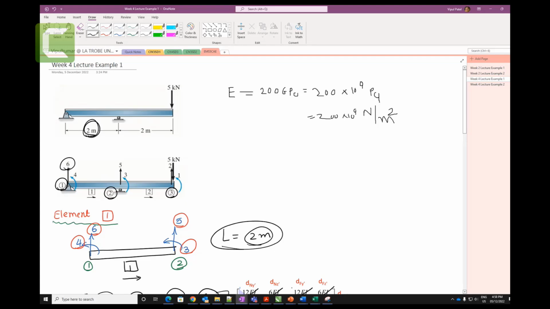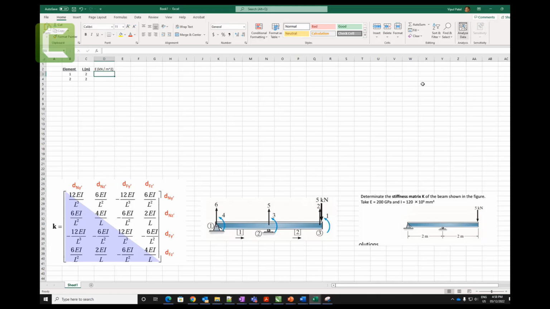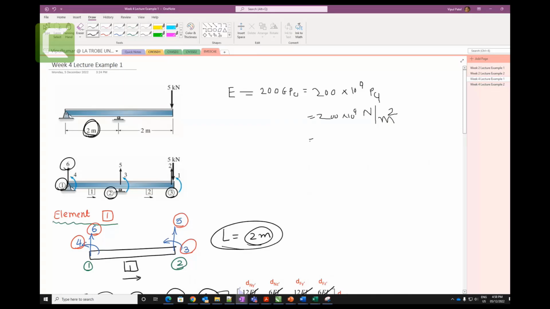But I want this one in kilonewtons. I need kilonewtons because my load is in kilonewtons. So I can just divide this whole thing by thousand to make it kilonewtons. So 200 times 10 to the power 9 becomes 10 to the power 6, kilonewtons, and kilonewton per meter square.